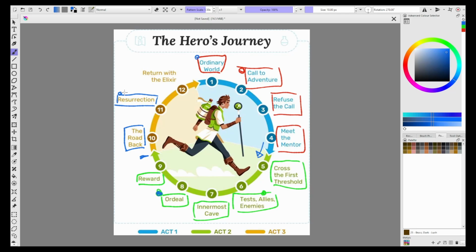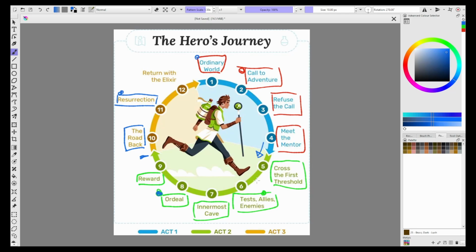You know, this could be that the enemy comes back again, but either way, this should be the final conflict, which once the character defeats or overcomes, they have transformed. The character should have significantly changed, specifically at this point in the story.